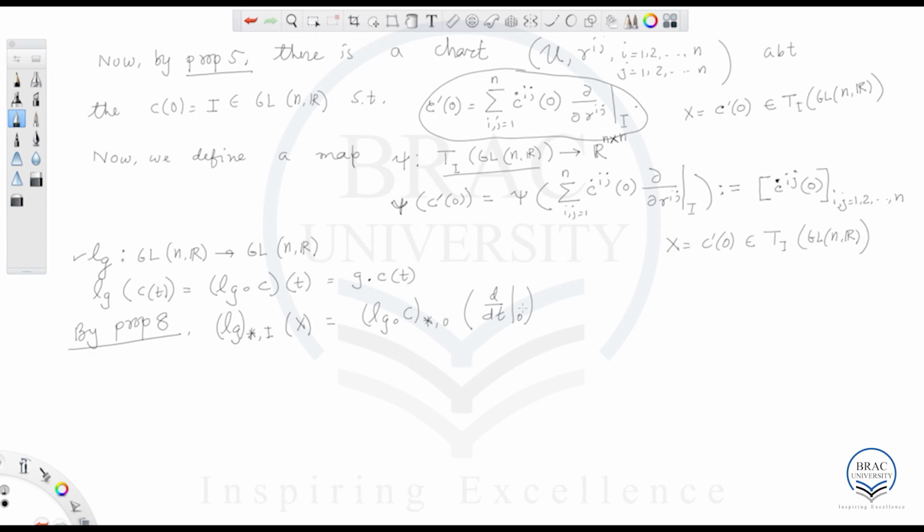If I want to write it this way, (L_g composed with C)' at 0.